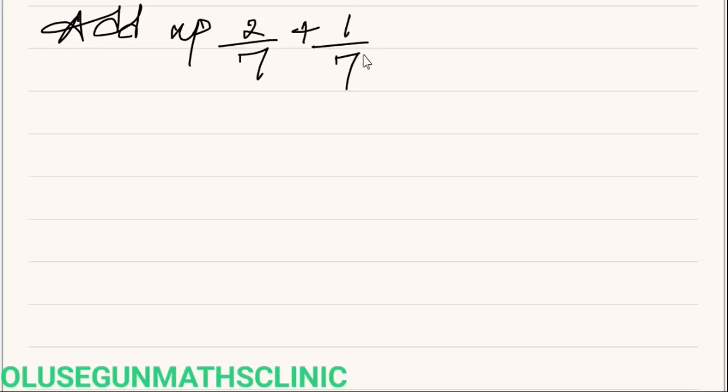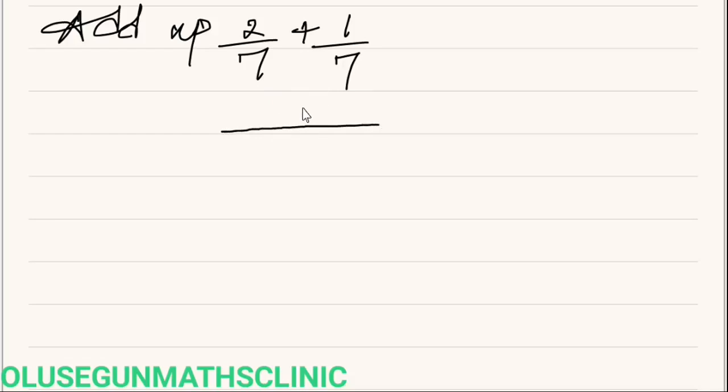Add up 2/7 plus 1/7. In having this, our observation is they both have the same denominator.